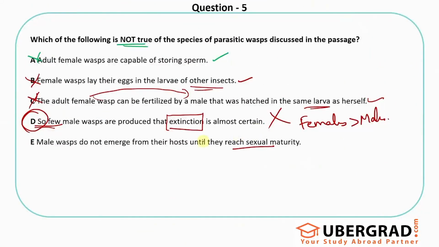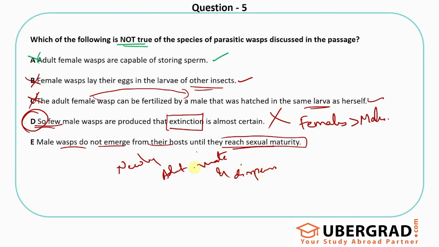The passage has a statement like this, that newly emerged adult wasps mate and then they disperse. So that means they come out having reached sexual maturity. This is not as direct as the other 3 options, but still this is something I can accept, consider to be true based on the passage.